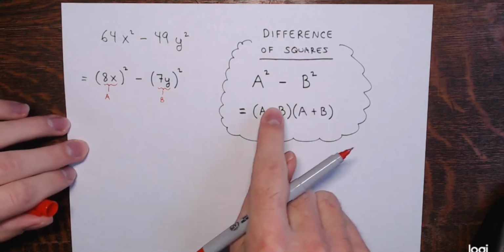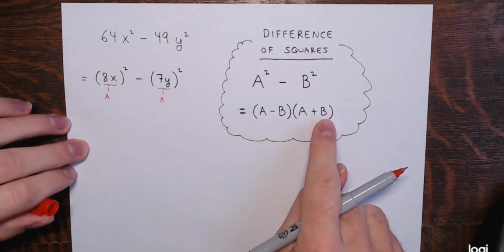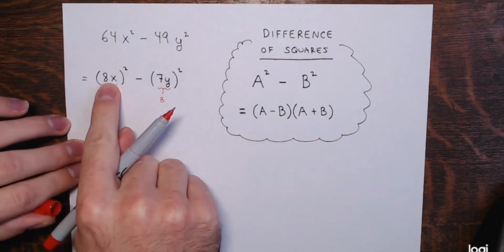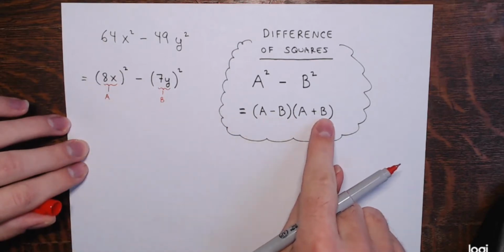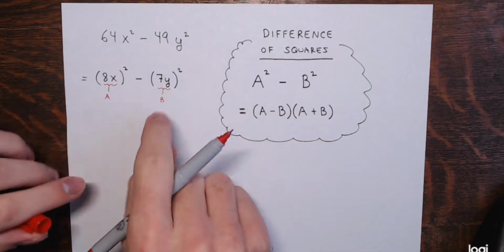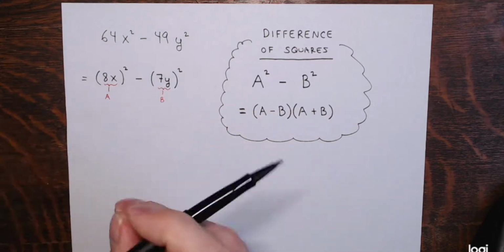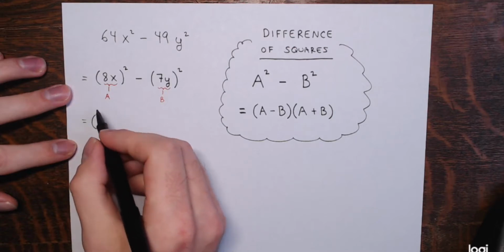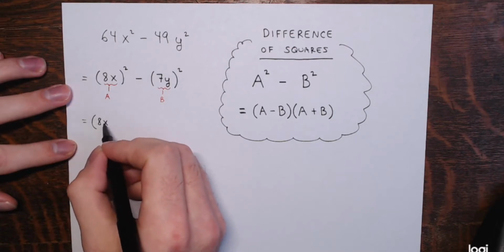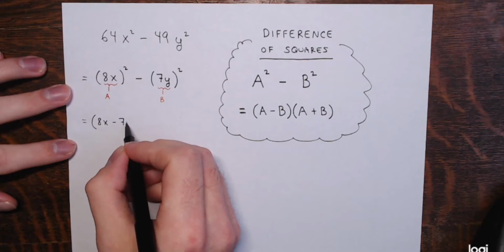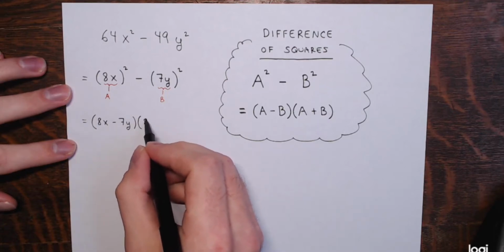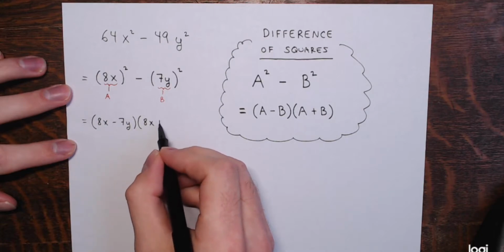So now all I'm going to do is write the factors out, replacing the a's with 8x and replacing the b's with 7y. So this should factor to a minus b, so 8x minus 7y, multiplied by 8x plus 7y, a plus b.